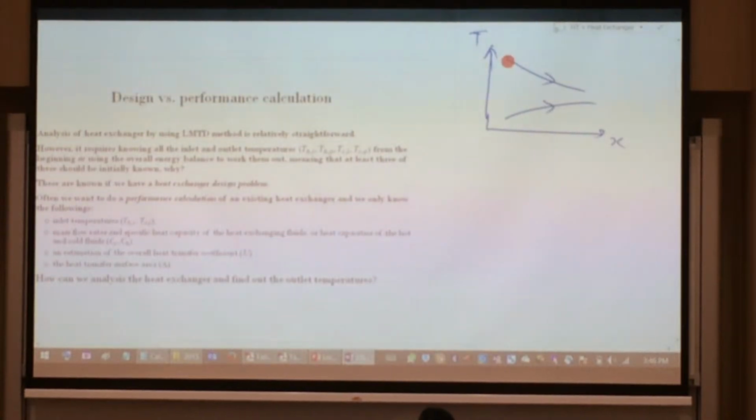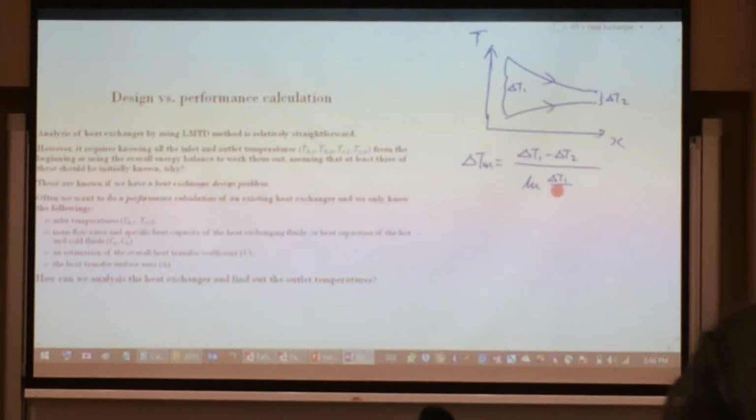And I'm going to label this difference over here as your delta T1, and that difference over here as your delta T2. And we already seen your LMTD expression, delta T1 minus delta T2, divided by ln delta T1 over delta T2.